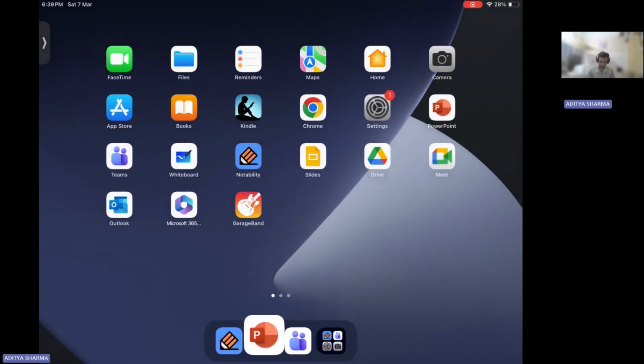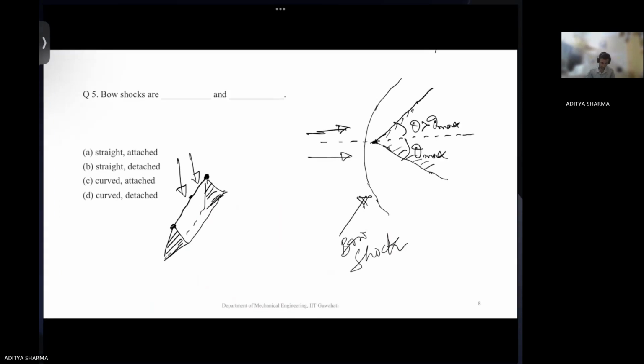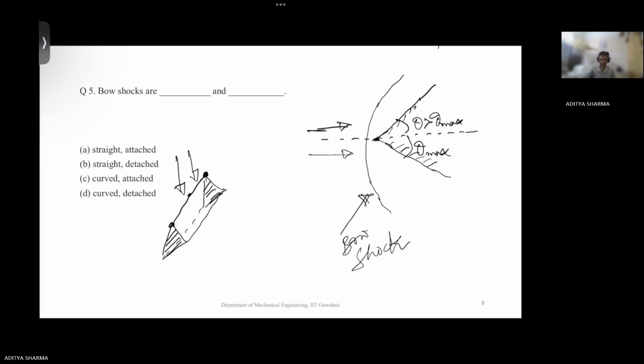Then now what does the question ask? The question asks here that bow shocks are dash and dash. They are straight and attached. They are straight and detached.